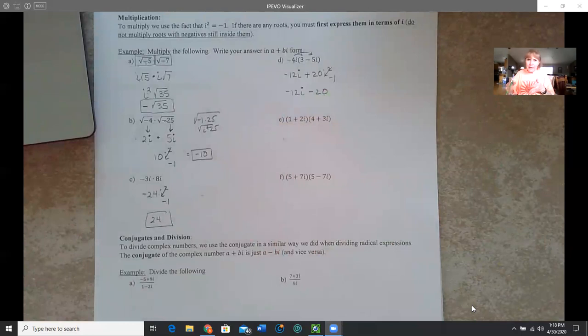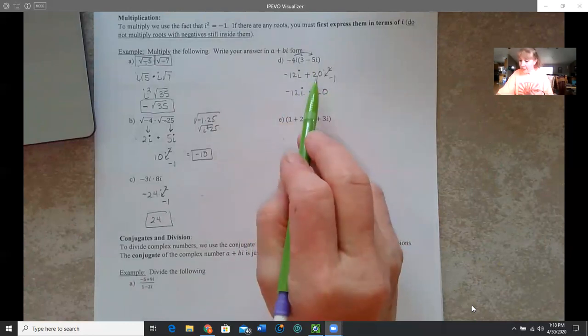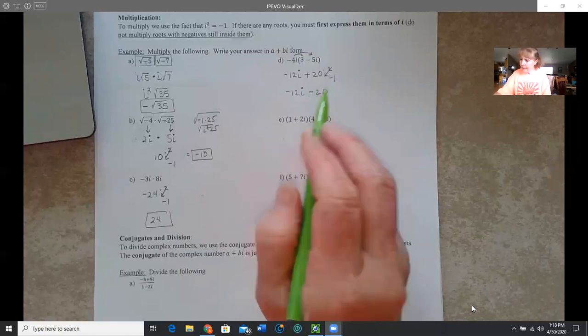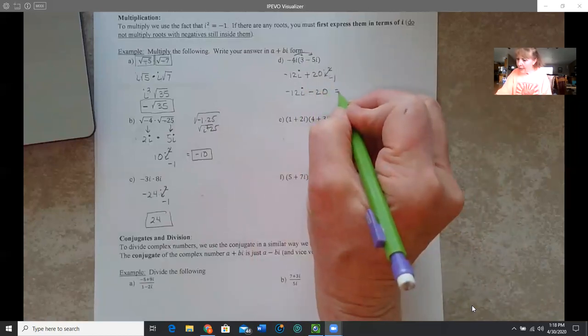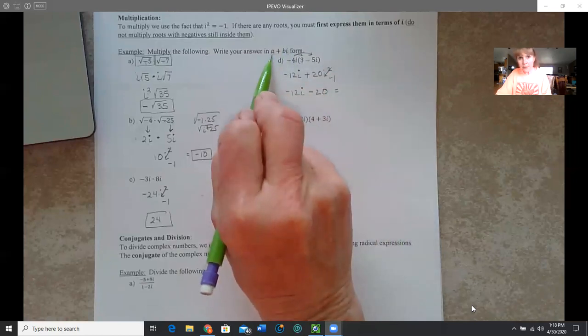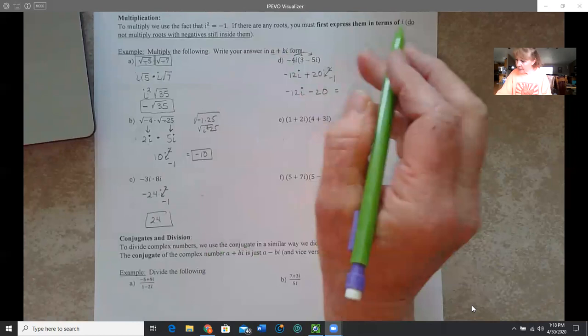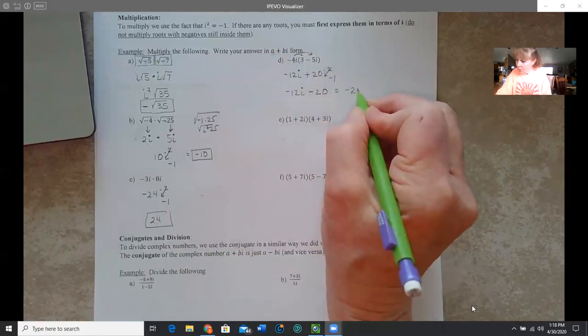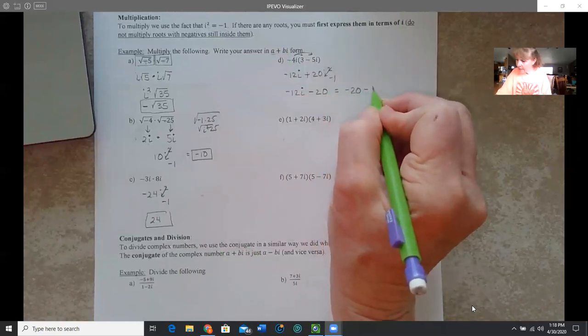Rather than plus a negative, because this would be plus a negative 20, I'm just going to make it minus 20. So putting it in the form a plus bi, where the a is the real part and the bi comes second, I'm going to go negative 20 minus 12i.